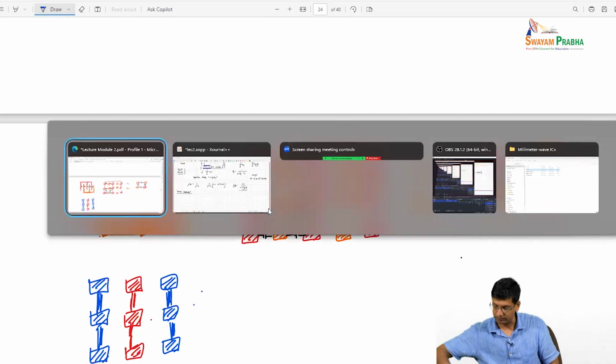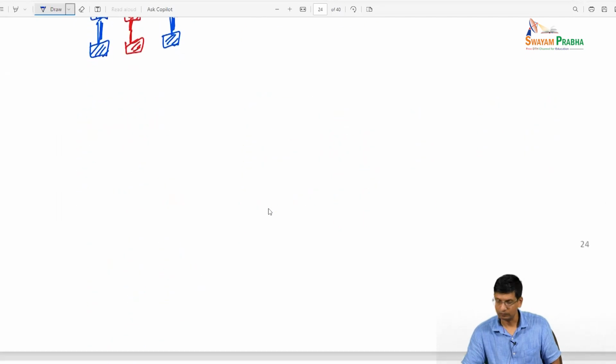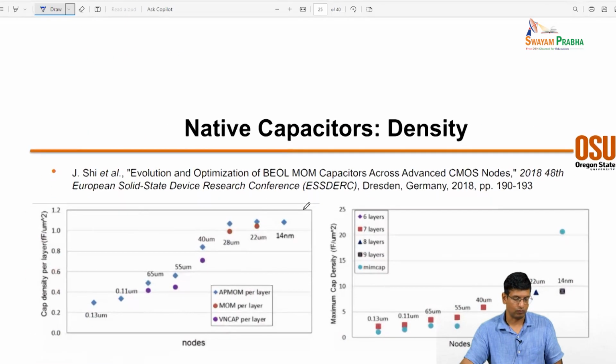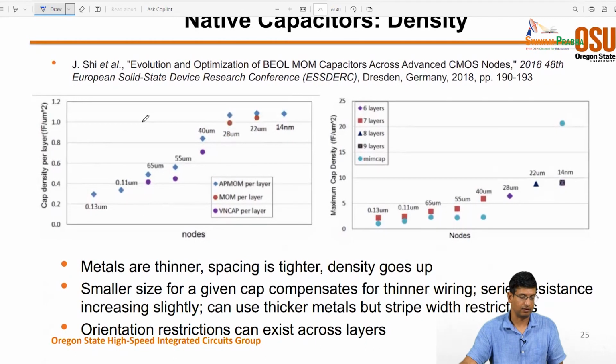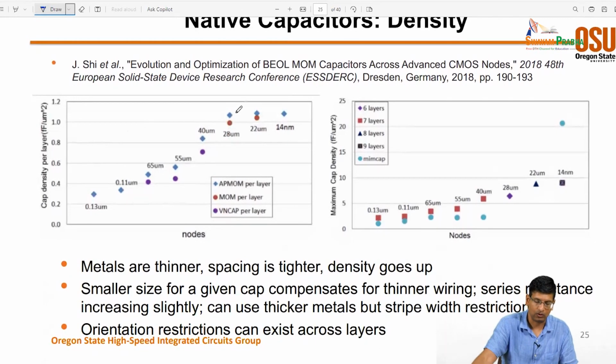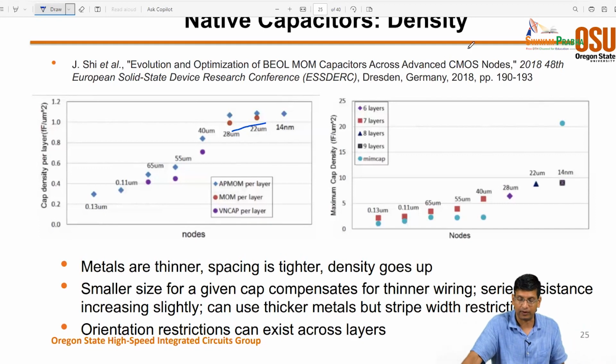And yeah, if we look over here, you can see the metrics that people have. So across technology now, as the metal layers get denser, you can get 1 femtofarad per micron squared in each layer, right? This is in each layer. So if I use 4 layers, I can get up to 4 femtofarad per micron squared, and this sort of shows what's happening, right?